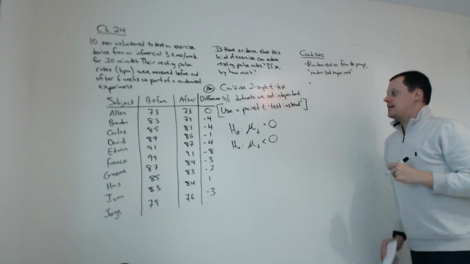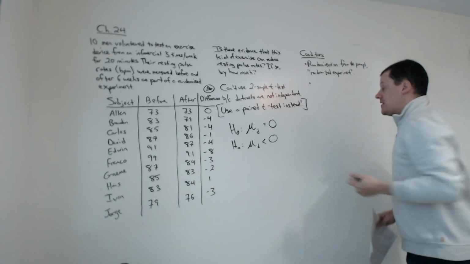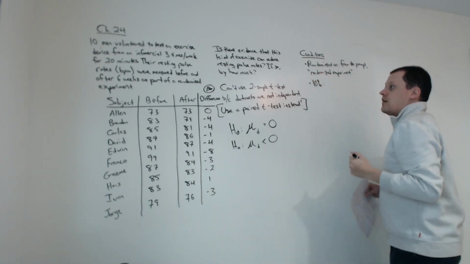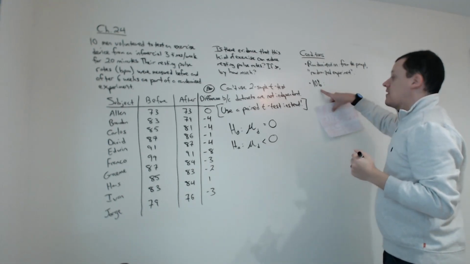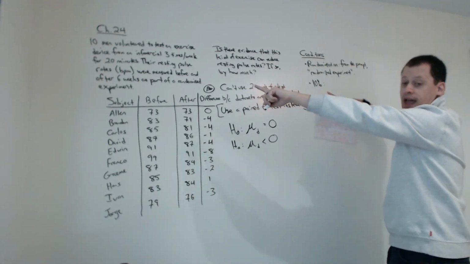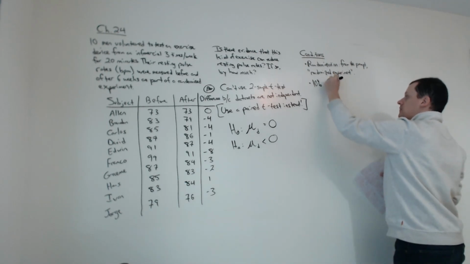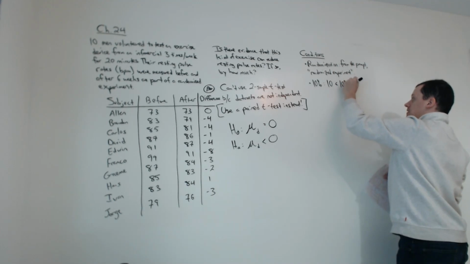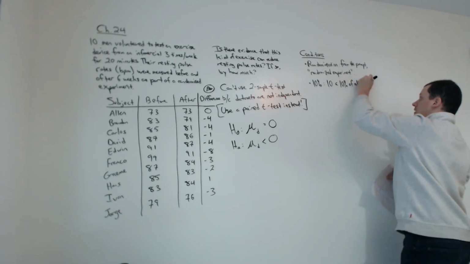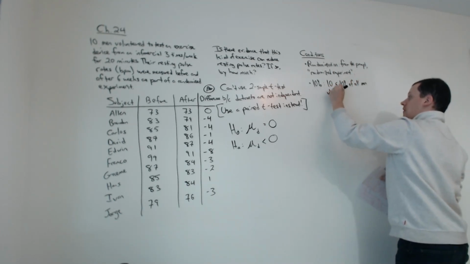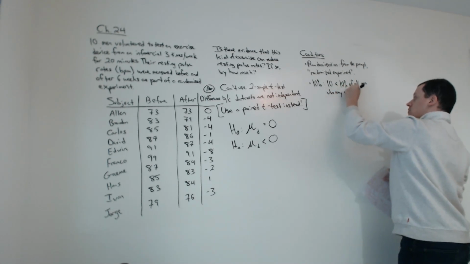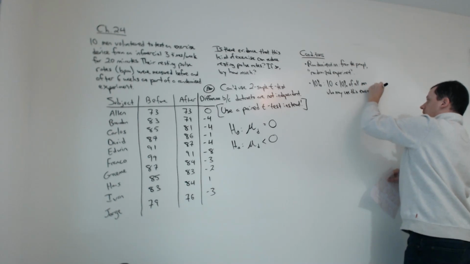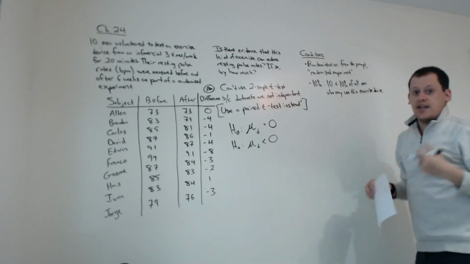Another one, 10%. Still applies here. So we might say something like, we only took 10 men here for our sample. 10 is less than 10% of all men who may use this exercise device.